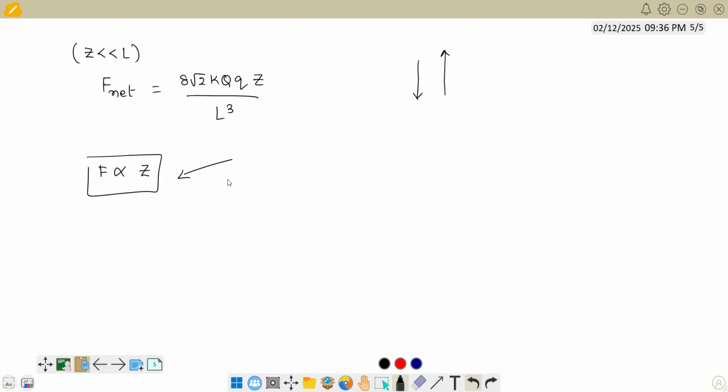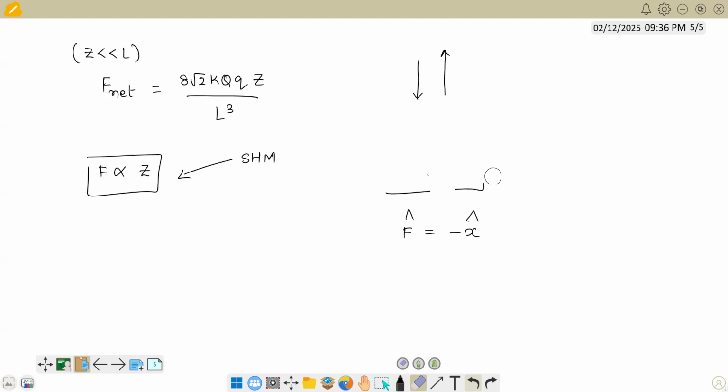So this motion is representing simple harmonic motion. You might wonder how, because for simple harmonic motion, force has to be proportional to minus x. Vectorially, if you do it here, the same logic is coming.